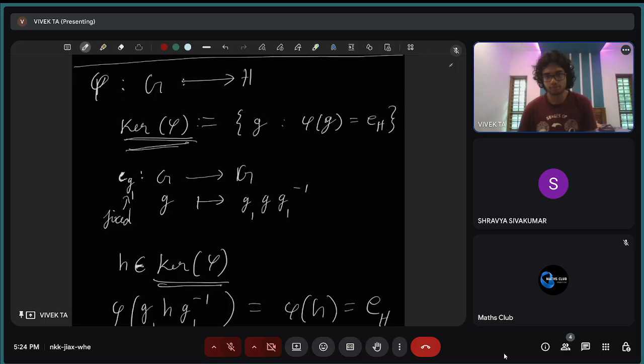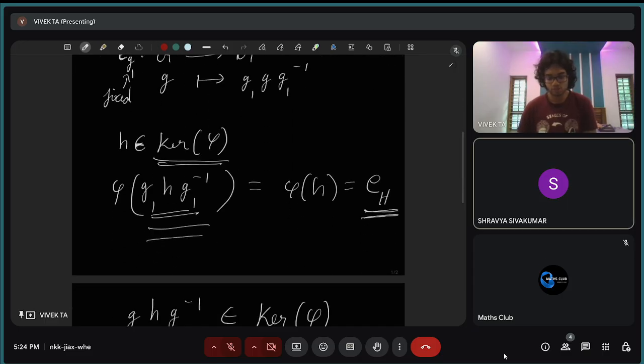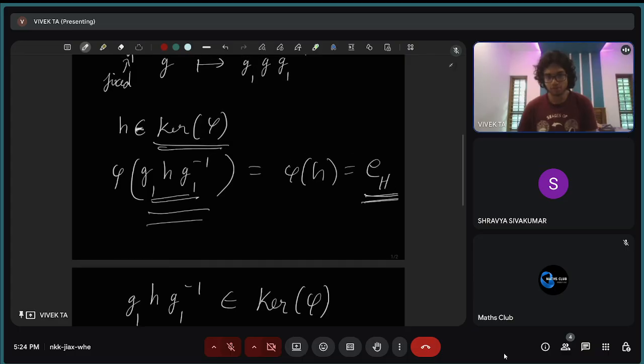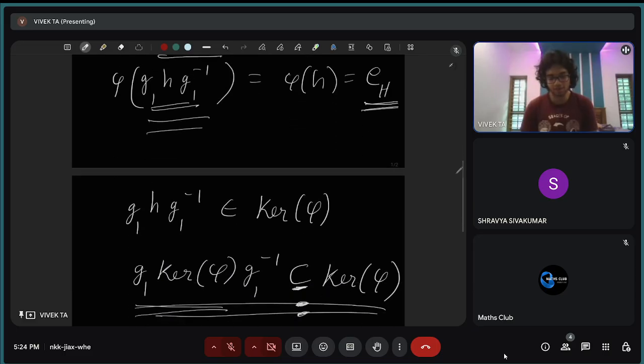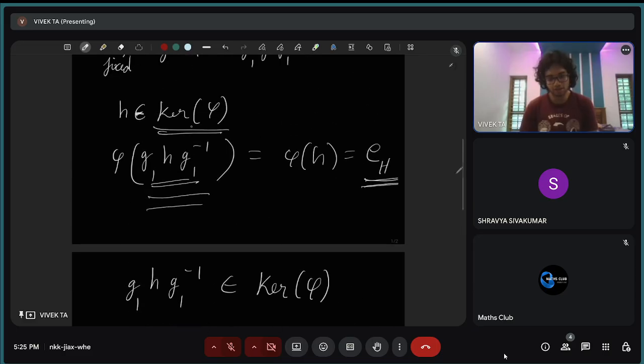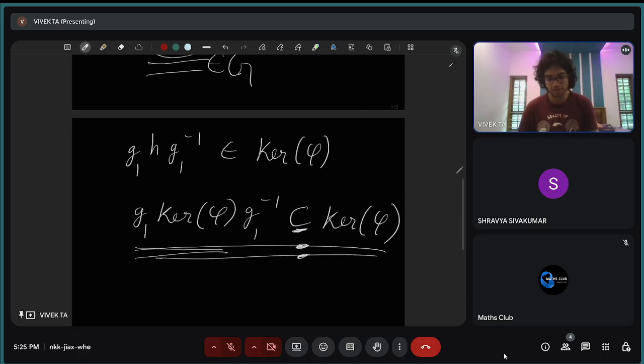Okay. So we proved that under the conjugation map, if you do conjugation of an element h in the kernel, it again gives you an element in the kernel, because this itself is an element in G, and when phi is applied on it, it gives you the identity.